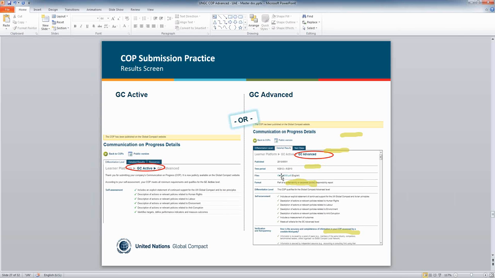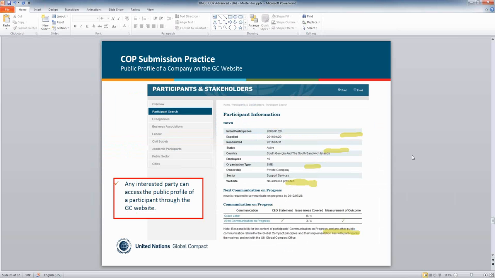It gives access to the files that the company attached, so any person can click and go straight to your report. And then a series of check marks indicates which of the criteria and best practices your company has achieved, and which ones it has not achieved.